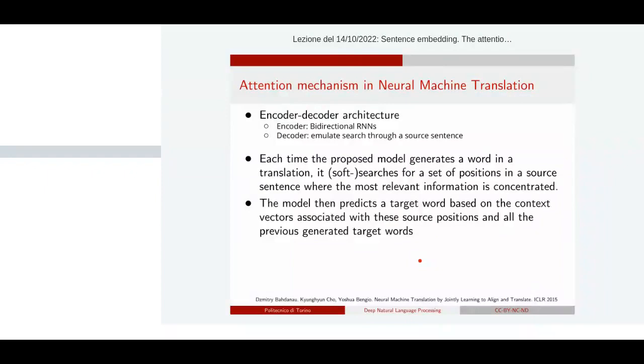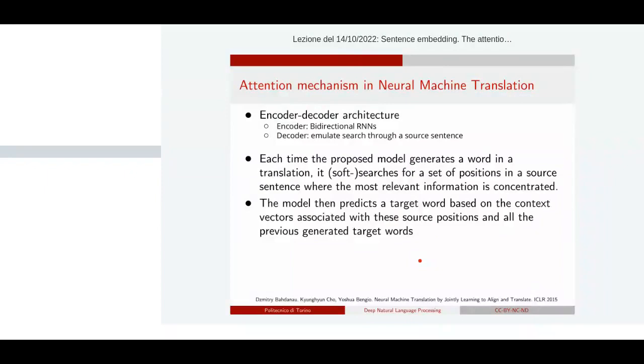Then the model predicts the target based on the context vector associated with the source and the previously generated target words. So you include contextual information beyond the traditional context source. I have a piece of text I want to translate, and I want to know whether that piece of text, or even its word-level content, is somehow related to other pieces of text I would not otherwise consider.